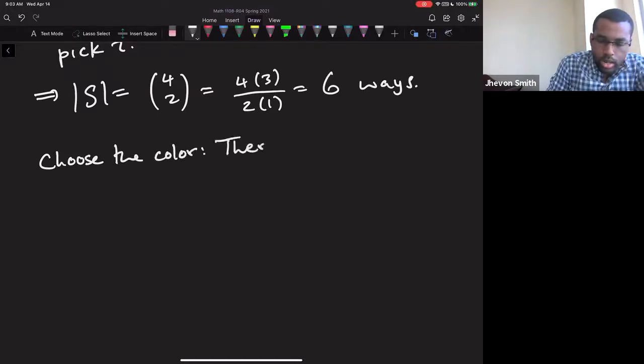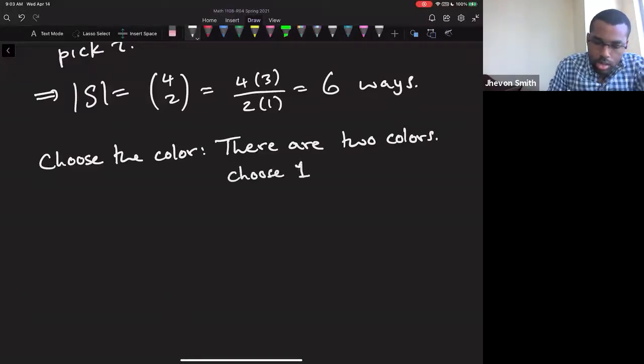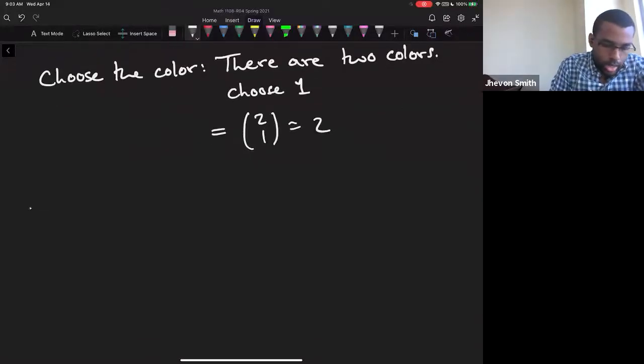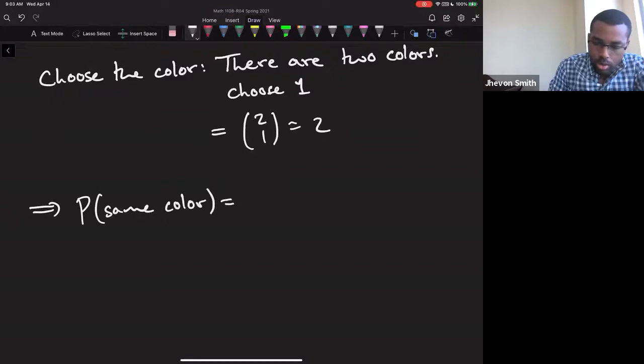All right, so choose the color. So there are 2 colors. Choose one. So this is going to be 2 choose 1, which is 2. And then you said this means the probability of the same color equals 2/6, which is 1/3.